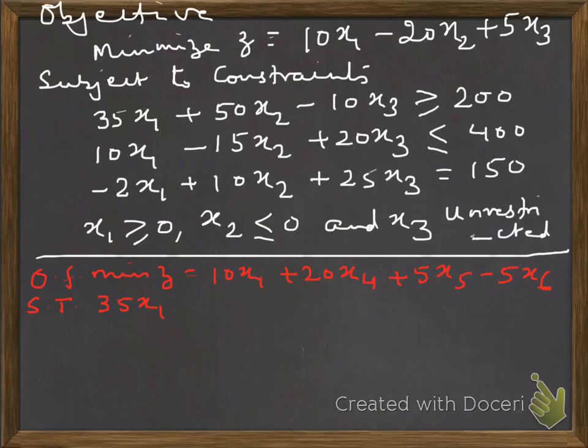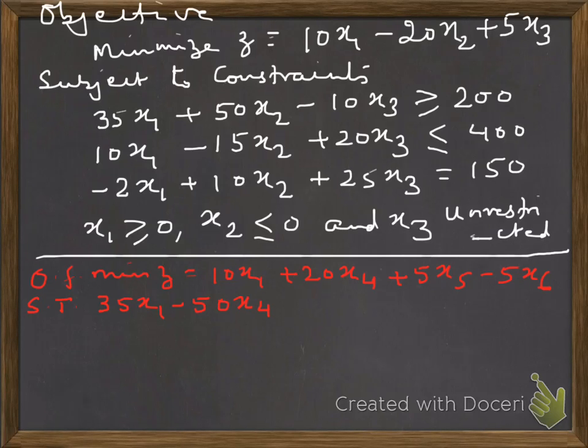For x2 we are substituting minus x4, so we get minus 50x4. This substitution is because the variable x2 is less than equal to 0 type, and if we substitute x2 equal to minus x4, then for x2 less than equal to 0, x4 becomes greater than equal to 0.